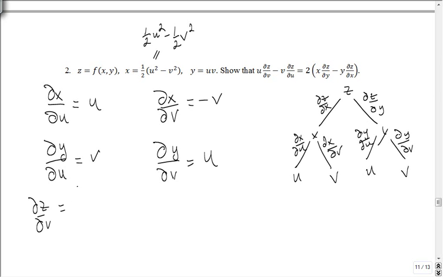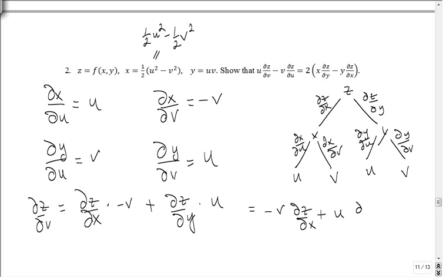So it would be partial z, partial x times partial x, partial v, which is minus v, plus partial z, partial y times partial y, partial v, which is u. Okay? So this is really minus v partial z with respect to x plus u partial z with respect to y. Okay?